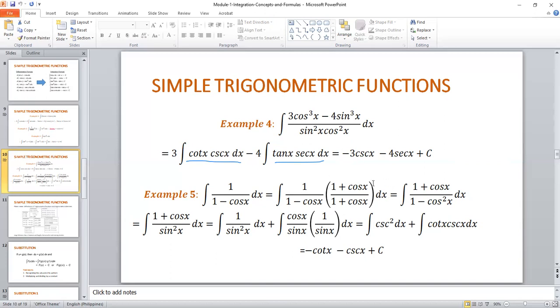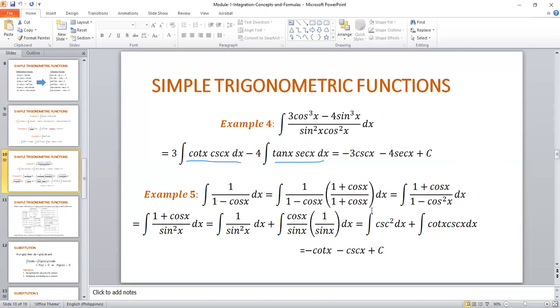This is 1 plus cosine x over 1 plus cosine x, which is a conjugate of the denominator. Now, you will ask, Miss, what do you mean by conjugate of the denominator? Your denominator has two terms. The negative of the second term makes it a conjugate of the original. So what is the conjugate of this? It's 1 plus cosine x.